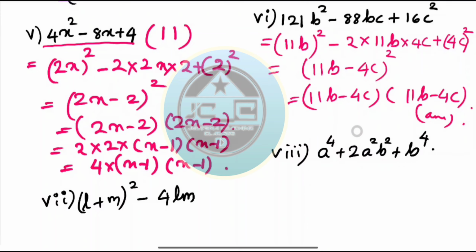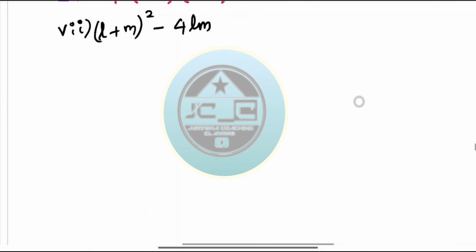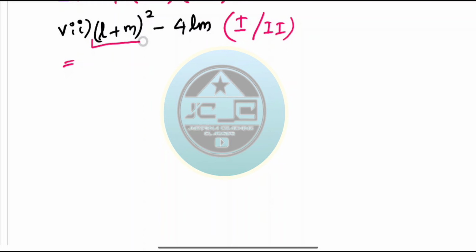Now let's move to the next one, l plus m square minus 4lm. Now you do one thing. Here, where is identity 1 and identity 2 used, a plus b whole square or a minus b whole square? So we have to explain this one. l plus m whole square is l square plus m square plus 2lm. Clear?